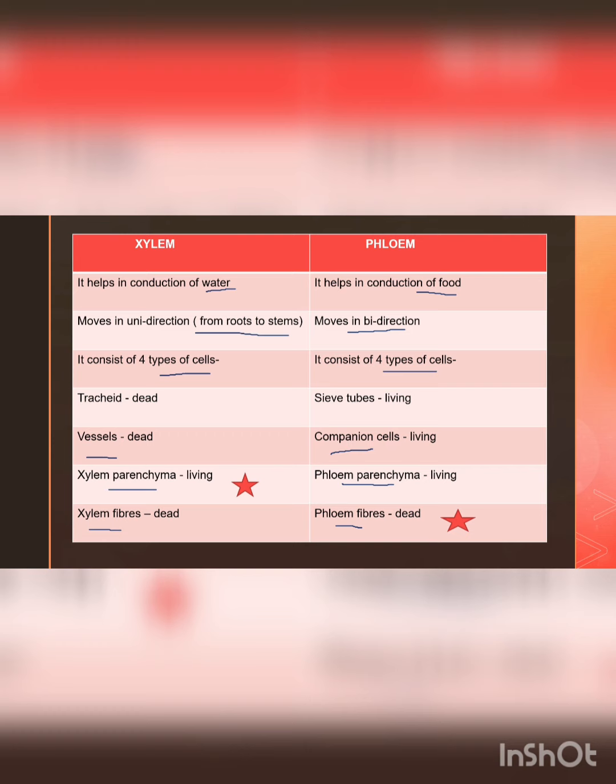Here the star indicates that in phloem only one cell type is dead and the rest are living in nature. These things are very important. Please remember, xylem helps in water conduction, phloem in food conduction, xylem is unidirectional, phloem is bidirectional, and remember the four kinds of cells and which are dead and which are living in both of them.